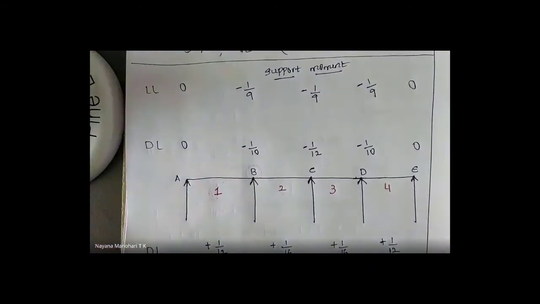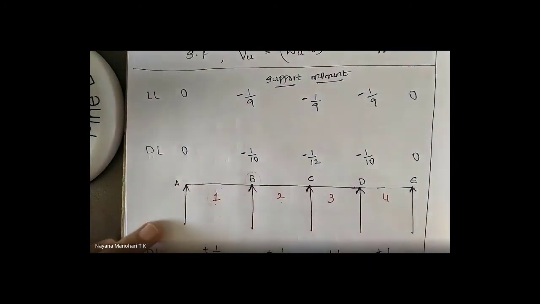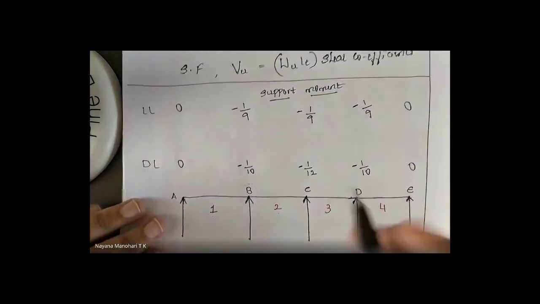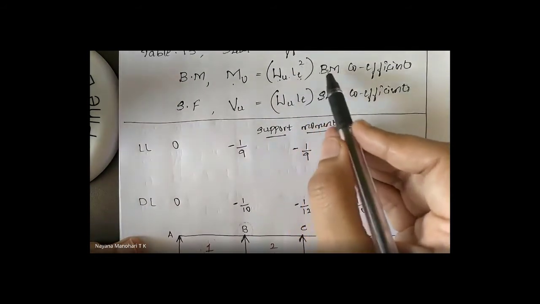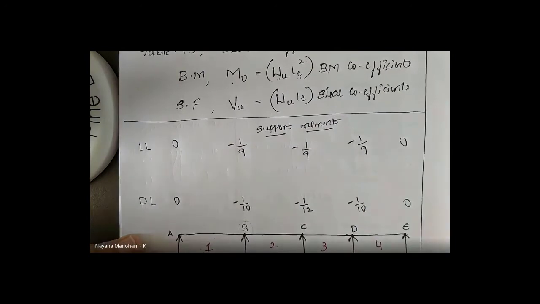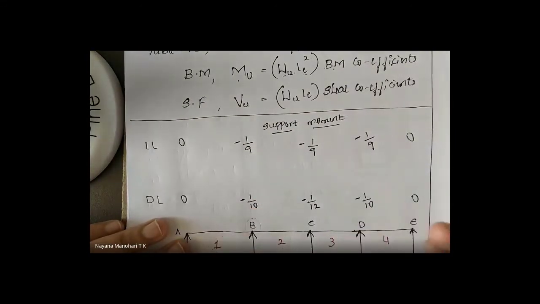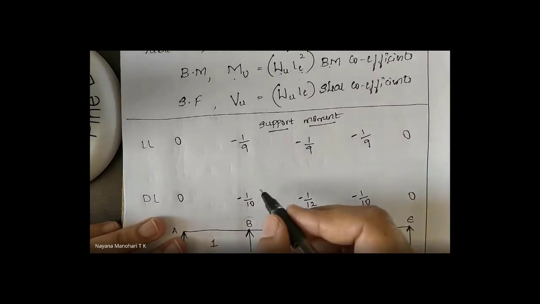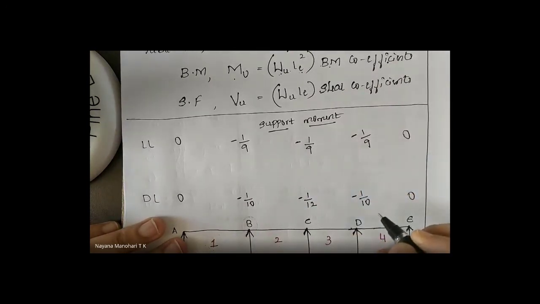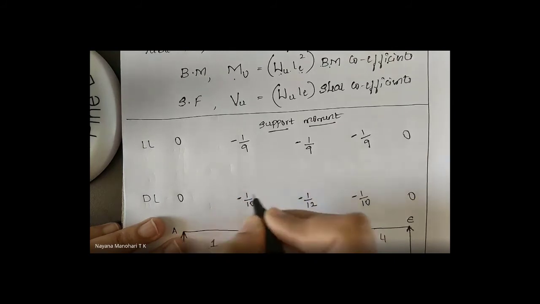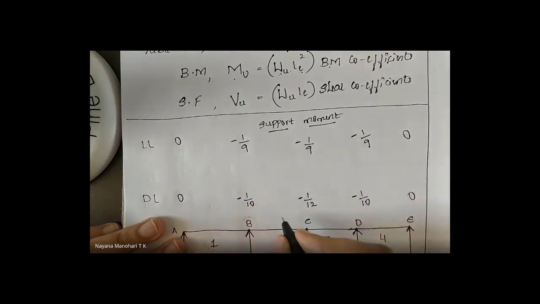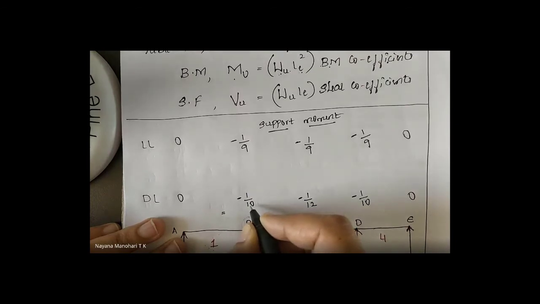Similarly, you calculate the support moment. Same equation: Wu L square into the bending moment coefficient. Calculate it. Here it will be 0. Substitute for the dead load, W L square into the bending moment coefficient.